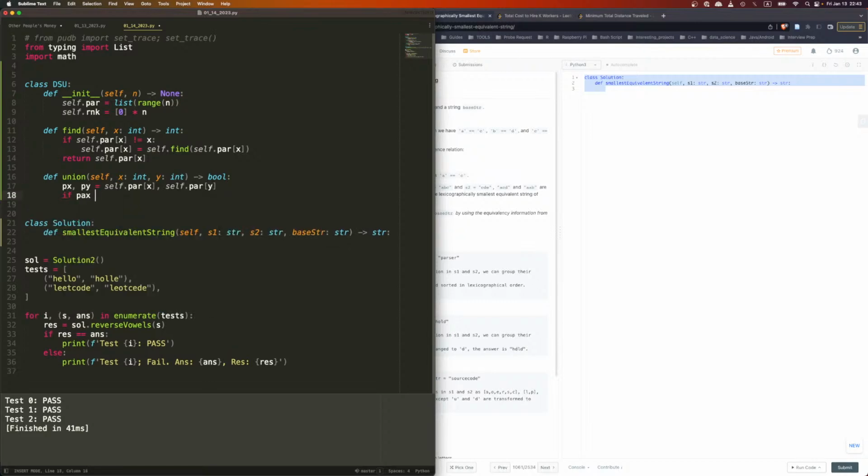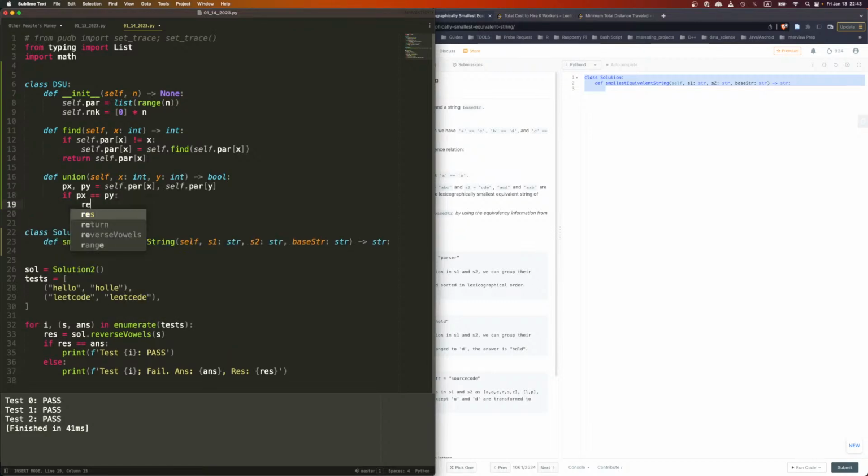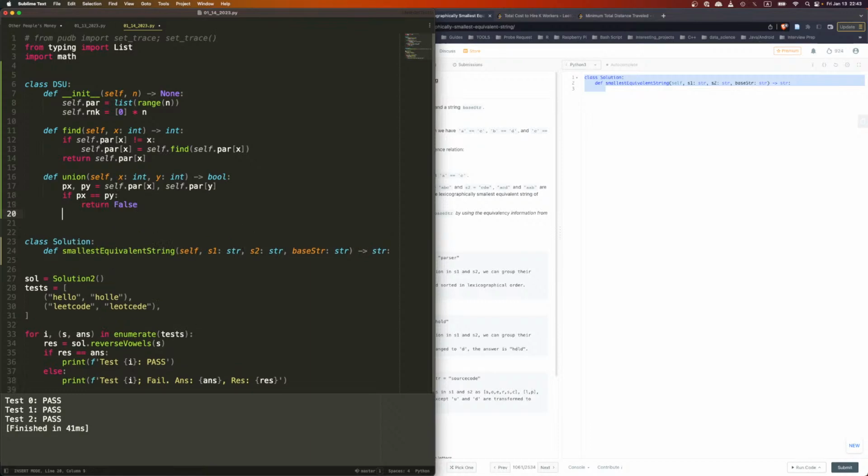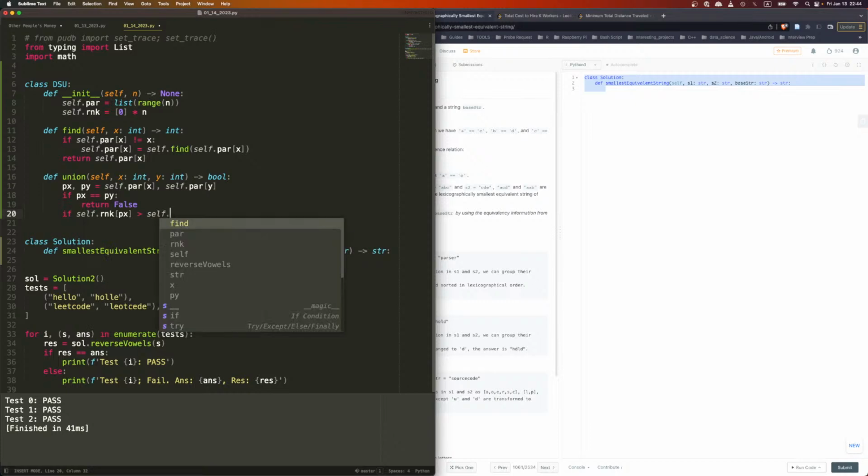If px is equal to py, return false. Otherwise, if self.rank[px] larger than self dot, oh, that's not what we're gonna do.